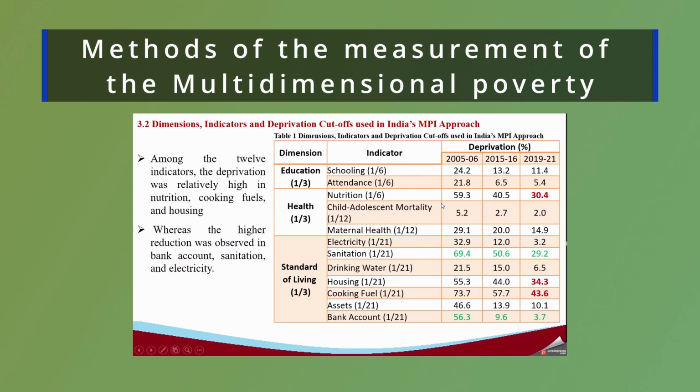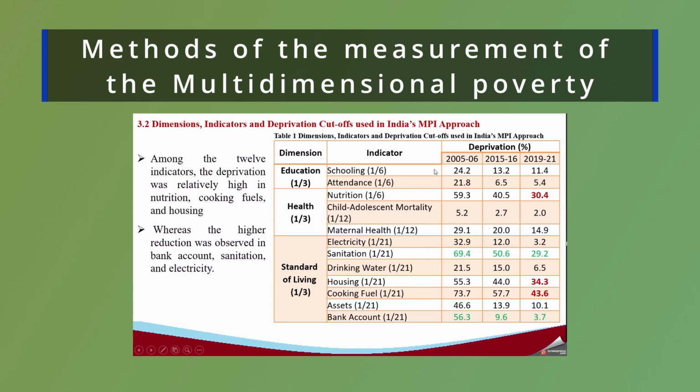Side by side, here we have also estimated the percentage share of deprived people in these 12 indicators in 3 years, 2005-06, 2015-16 and 2019-21. And this estimation is also based on the information available in the National Family Health Survey data corresponding to these 3 specific years.